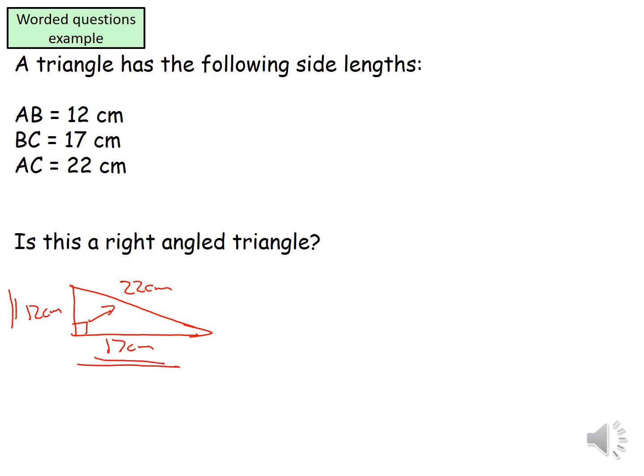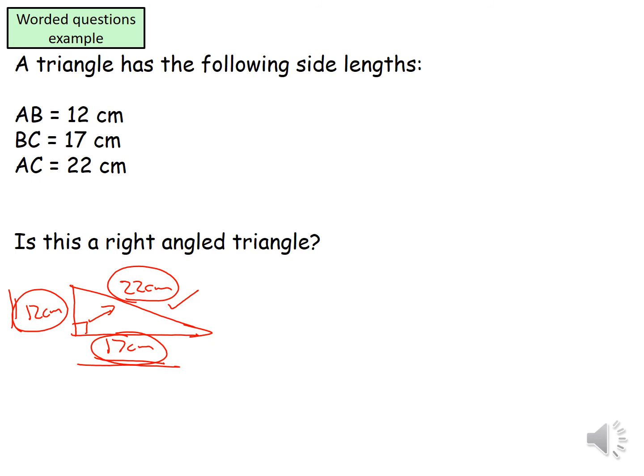Now what I'm going to do is I'm going to first ignore the longer side. I'm going to ignore this 22 centimeters, and I will use the 12 centimeters and the 17 centimeters to find out what this length would be. If my answer is 22 centimeters, that means this triangle is a right angle triangle, and if it is anything else, it means it is not a right angle triangle.